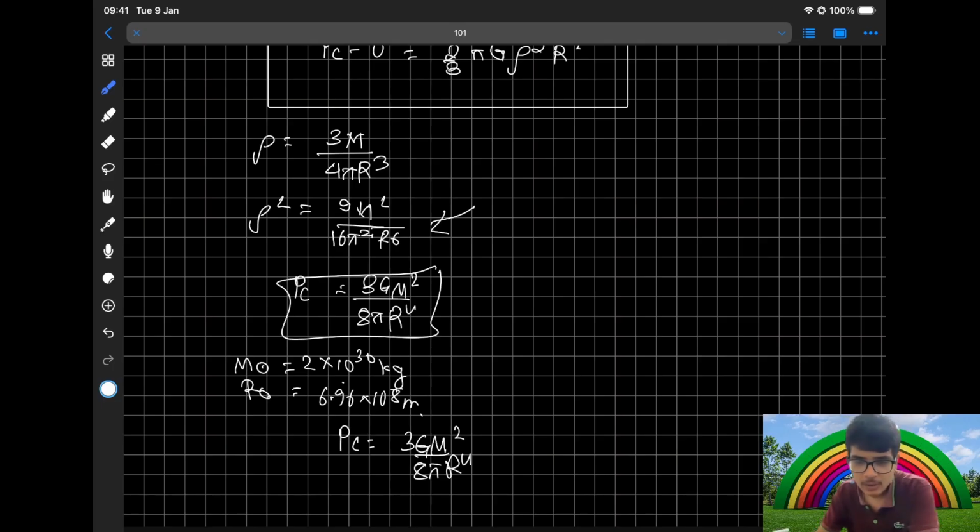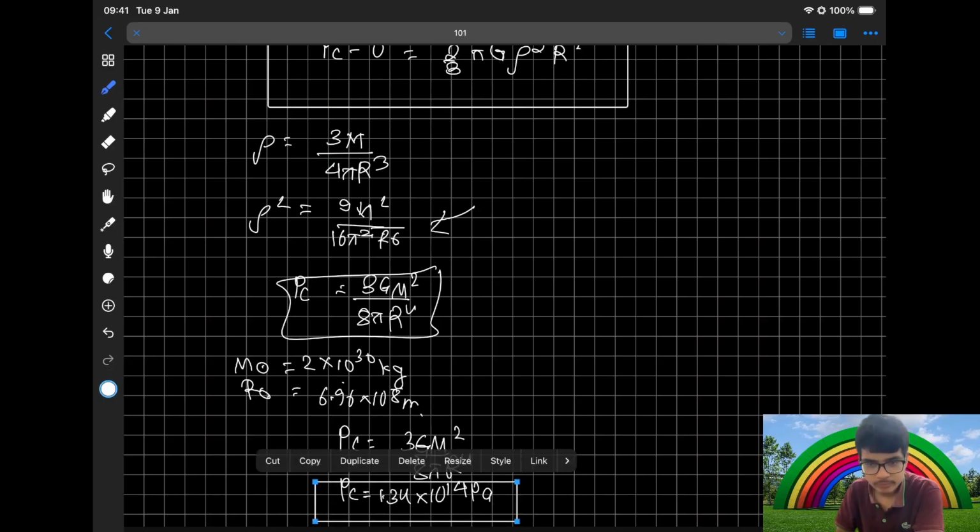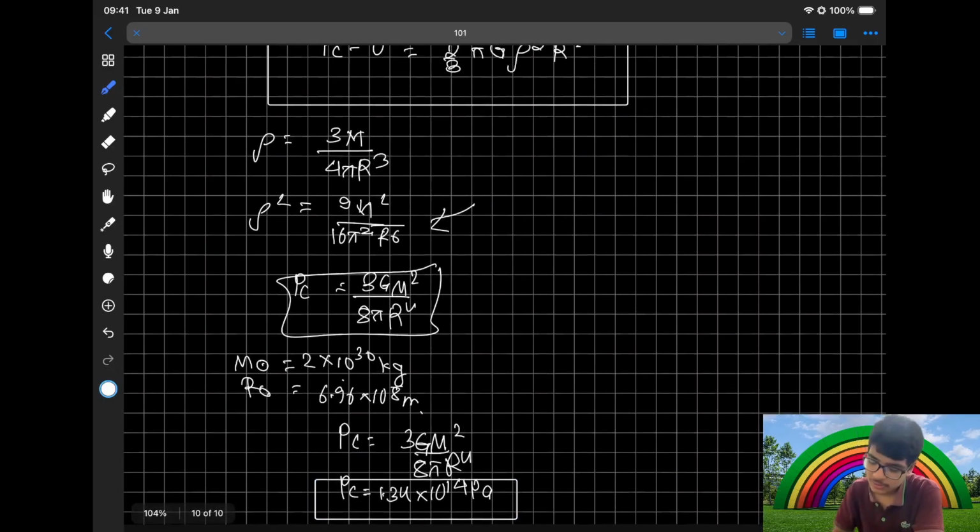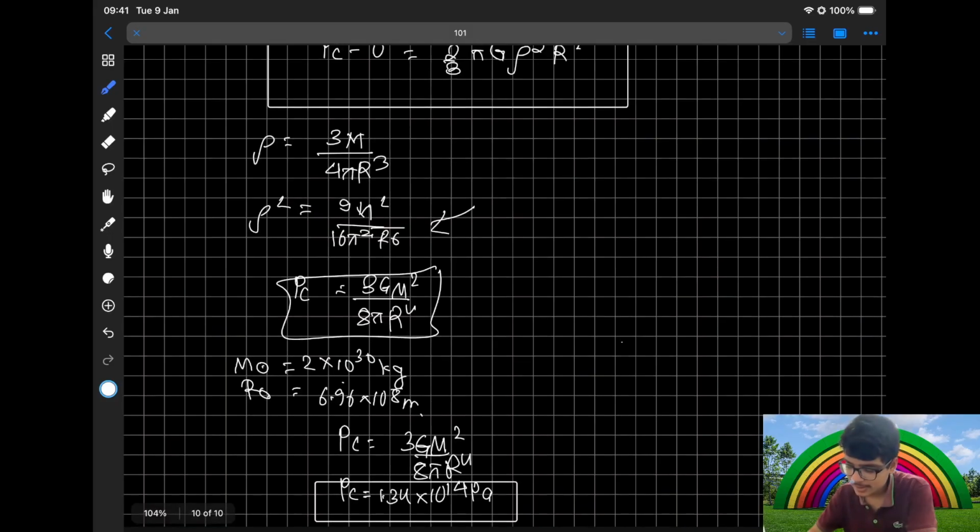We have 1.34 times 10 to the power 14 pascals, and that's the answer. So the actual sun's pressure is about 2.5 times 10 to the power 16, I guess. So this is 200 times more.